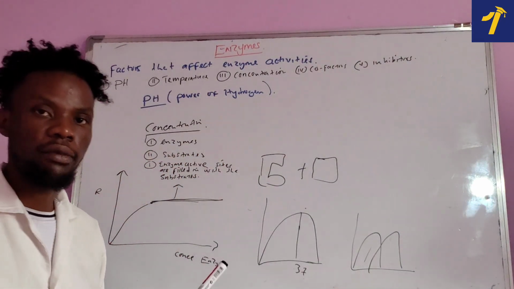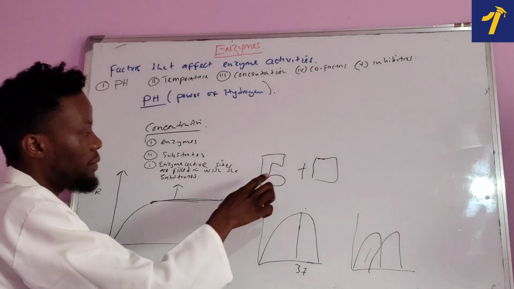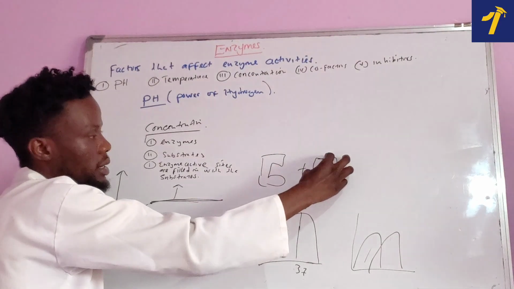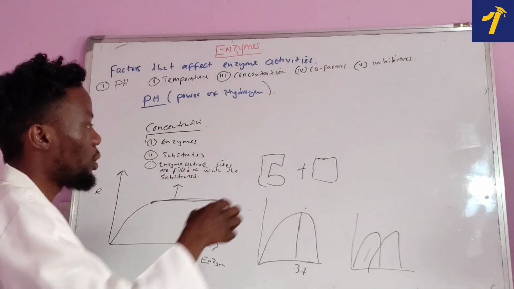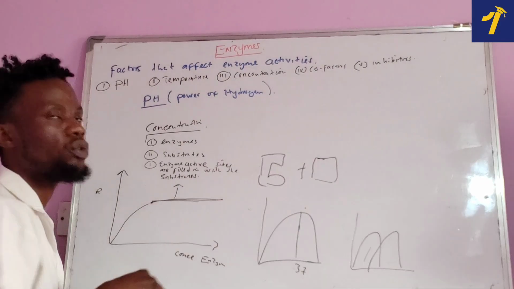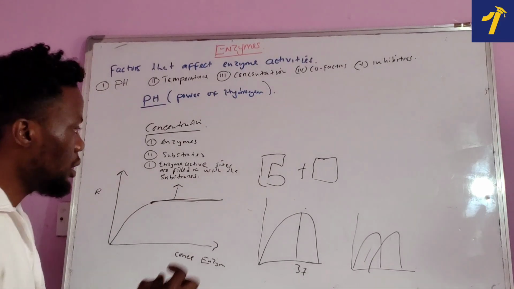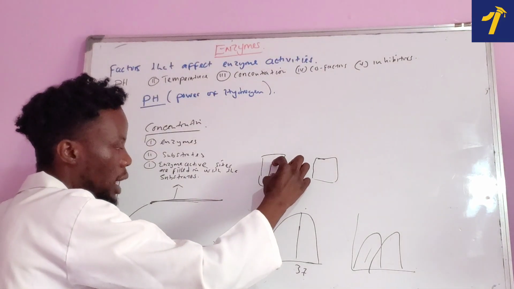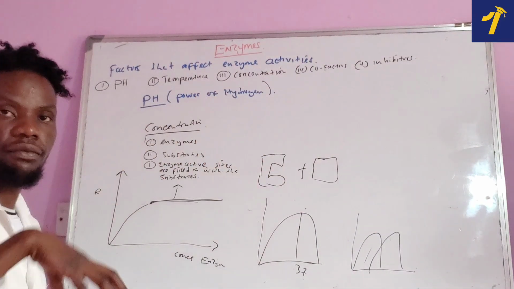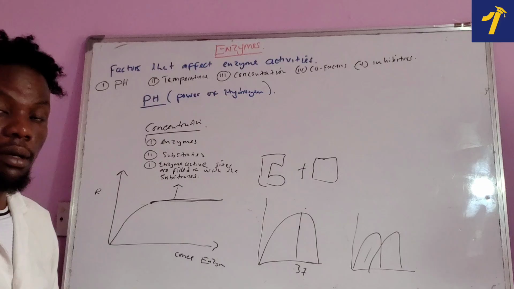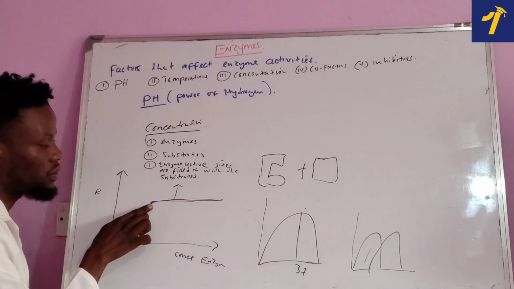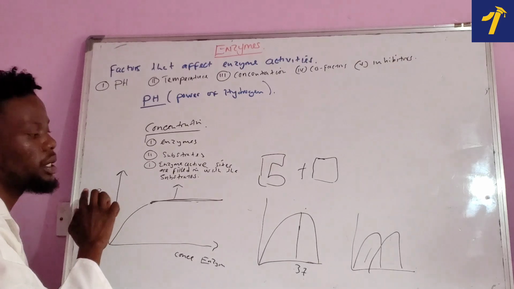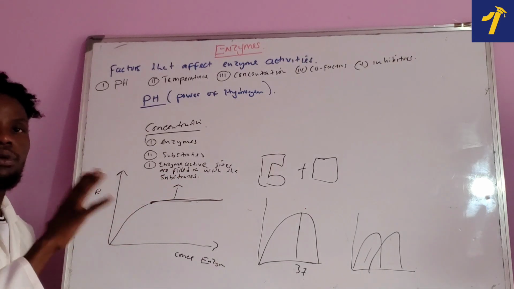The part where the substrate is fitting is what we call the active site, and the part which is outside is what we call the allosteric site. If the active sites of all the enzymes are filled in with the substrate, the graph is going to remain constant.